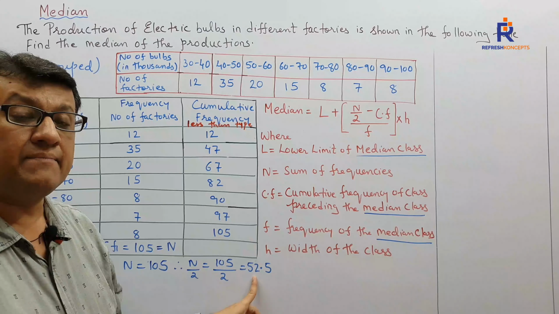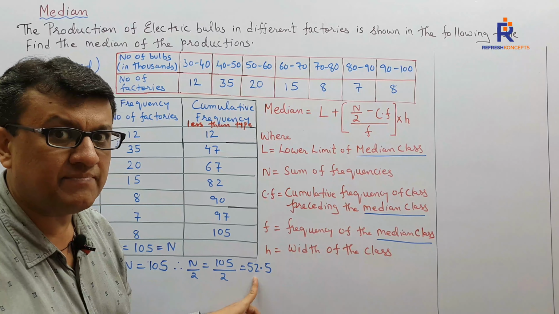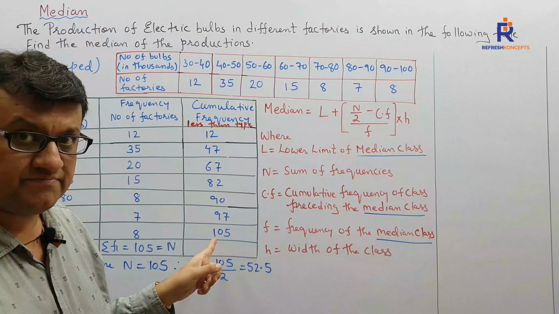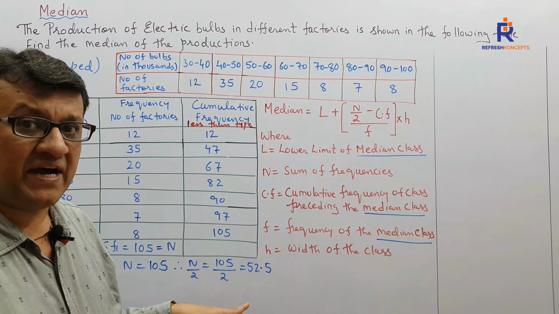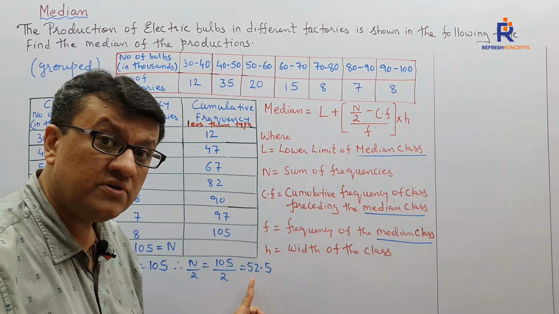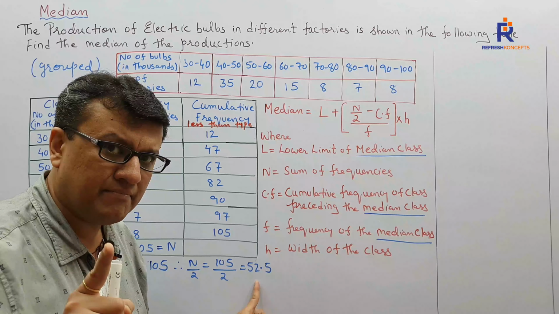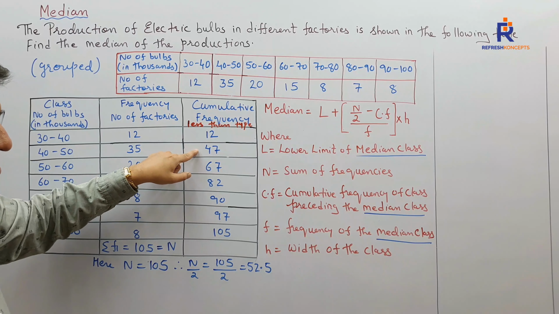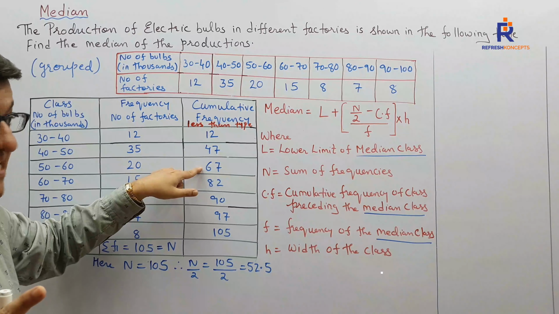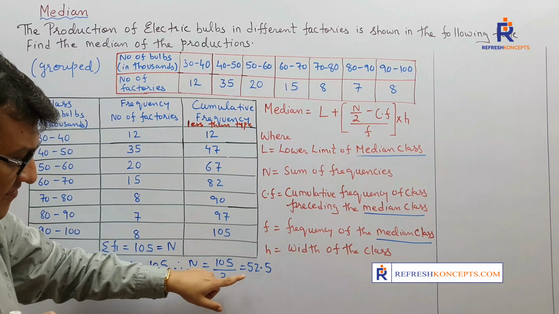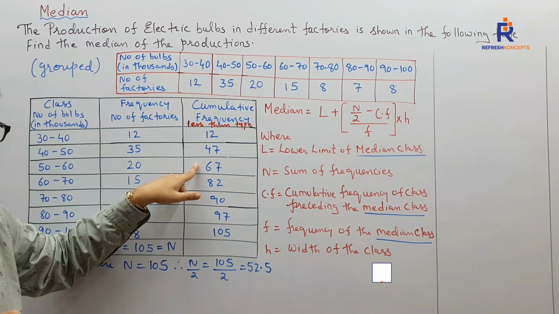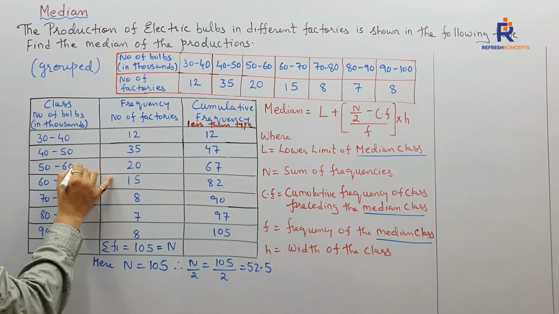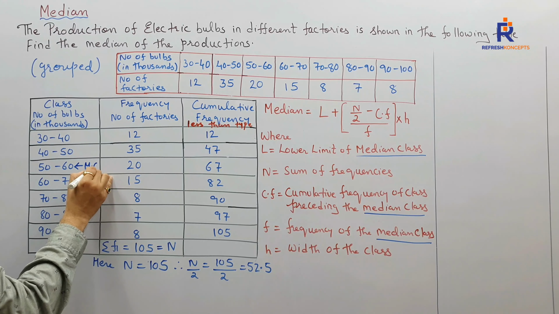I repeat, a number which is equal to n by 2 or greater than n by 2 within the cumulative frequency column. Wherever we find such a value shall be my median class. So 47, no. Equal to or greater than. 67, yes. 67 is greater than 52.5. So this becomes my median class. I'm just writing MC, which stands for median class.